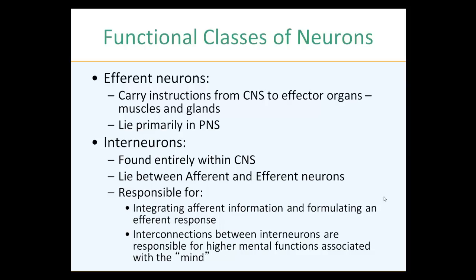Now we talk about the interneurons. The interneurons really make up a big bulk of the central nervous system, and they communicate the impulses not only between the afferent and the efferent. In other words, when you get stung by a bee, your reflex is not just that simple. It also integrates the things you see with the memory, with the feelings, with maybe the ability of reading the word you just saw.